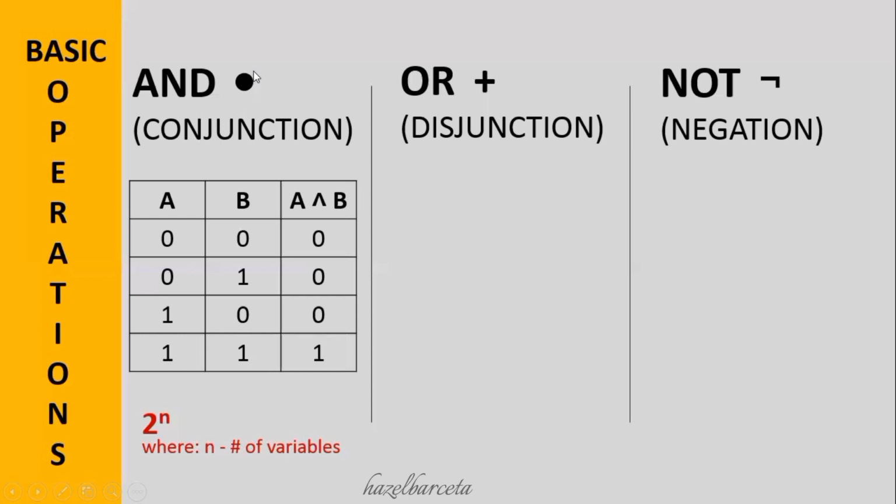Kay AND, which is multiplication, lahat ng inputs ay dapat 1 para ang output po natin ay 1. Dito, dahil dalawa lang po yung variable sa ating example, kaya dalawa lang siya. What if 10? Hindi ibig sabihin, 10 10 din po ang ating kailangang input para makapag-produce po tayo ng 1 na output. Then the rest are 0 na.